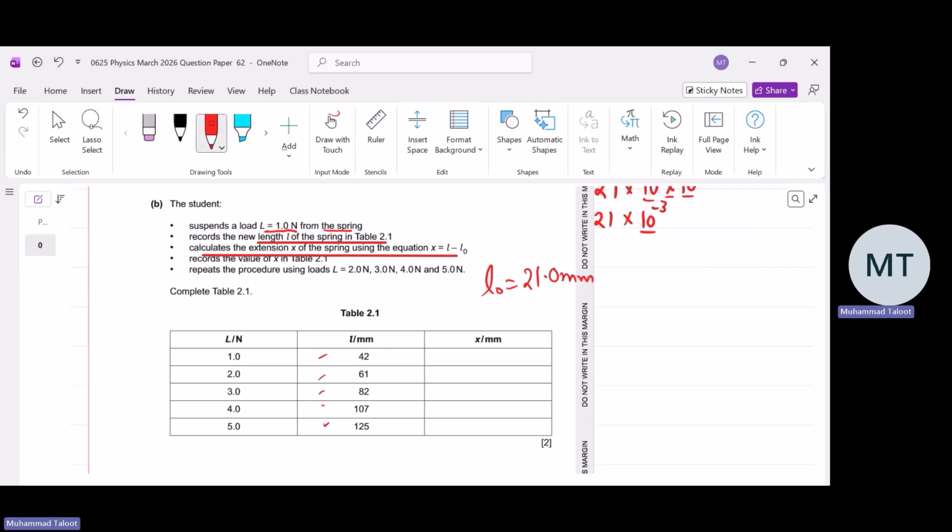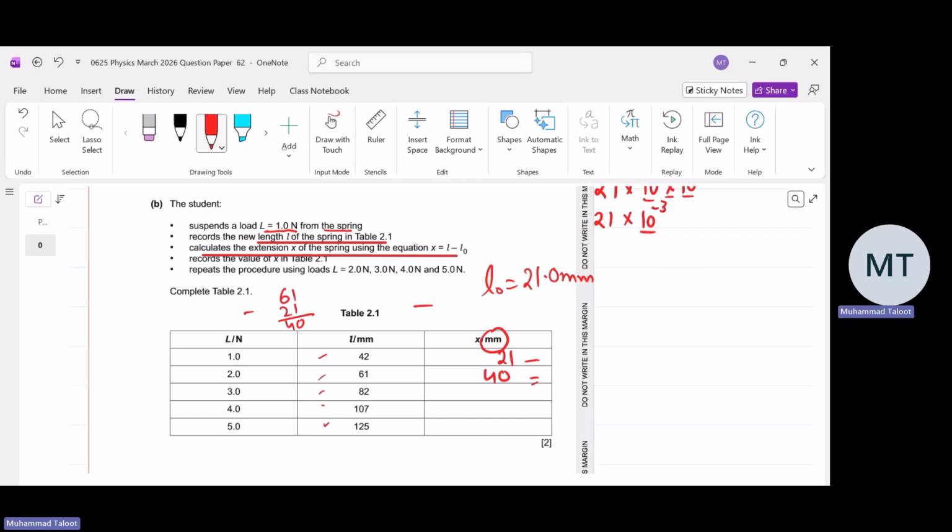Now we have to record the value of x. So this will be 42 minus 21, which comes out 21 millimeter. No need to write the units here because already it is written in the heading. Even no need to do this working here; you can do it somewhere if you are interested. Then 61 minus 21, it will be 40.